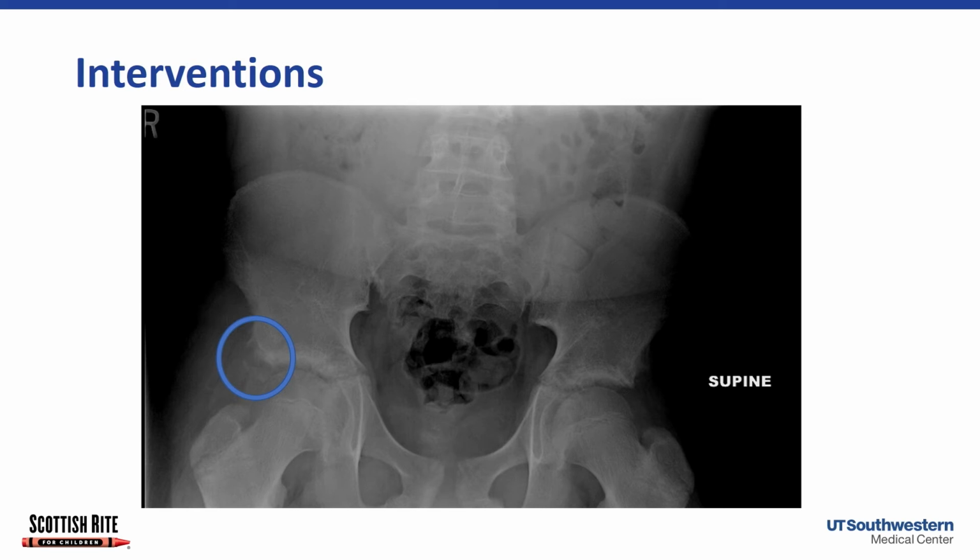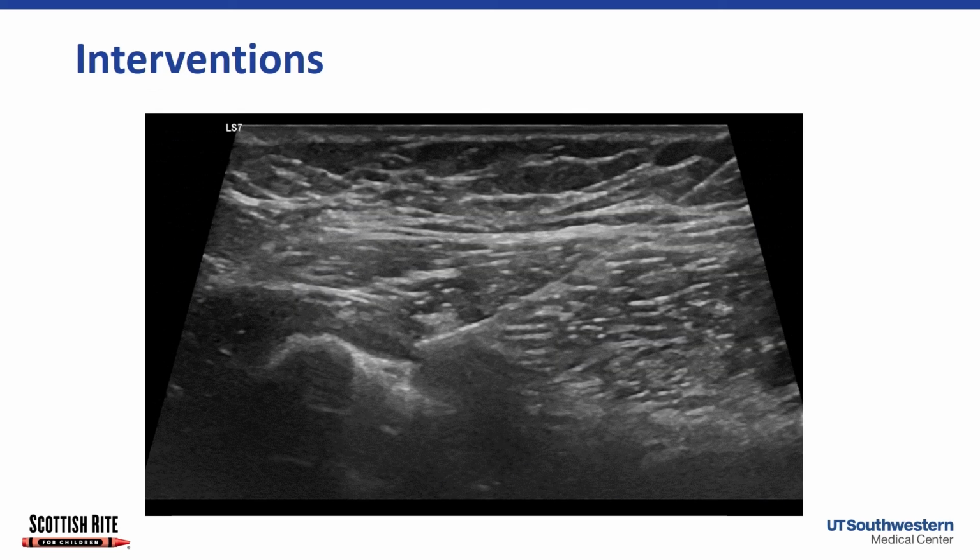So this is something that ultrasound can help us treat. So here's an ultrasound image of the patient's hip. The red arrow there is the anterior inferior iliac spine, so that's the area of injury. That bright white line, you can see kind of the wispy lines right next to it, that correlates with what we were seeing on the x-ray.